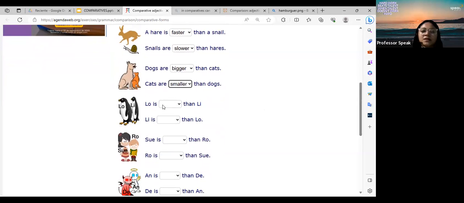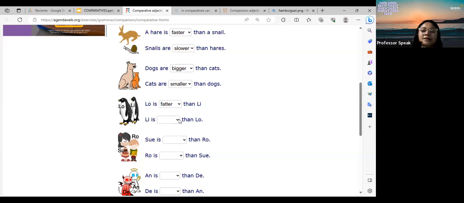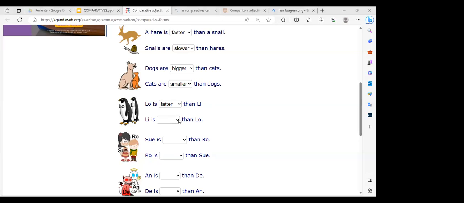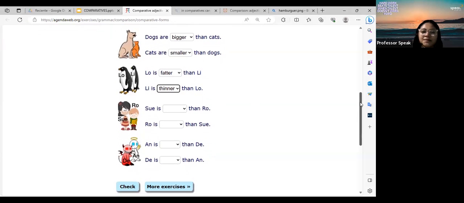Continue, Fermin, with this one. Law is than Lee. Fatter. Fatter than Lee. And Lee is, Fermin? Thinner. Okay, thinner. Very good. Okay, Eduardo, I understand, don't worry. Now, Sue is than Raw. Happier or sadder? Help me, Juan Carlos.